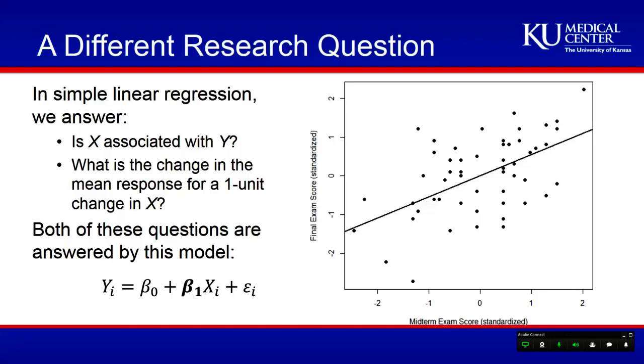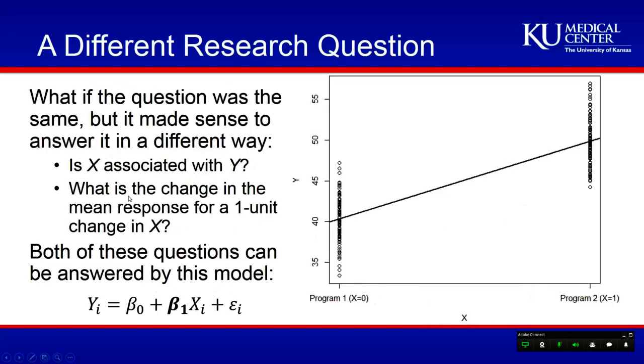Are the two associated? What does that association look like? For instance, what would I expect the outcome to be for a 1-unit difference in X? And these questions are answered using a line because the slope conveniently describes what we're after.